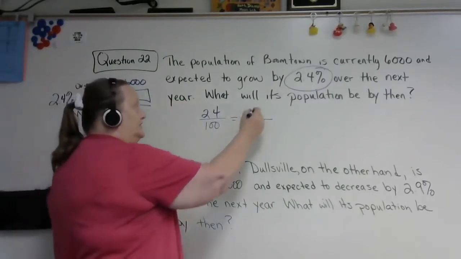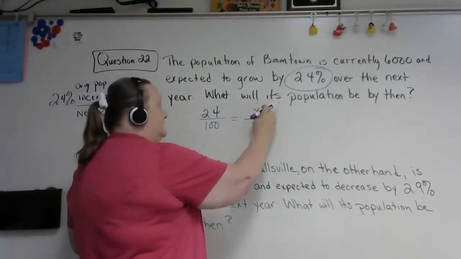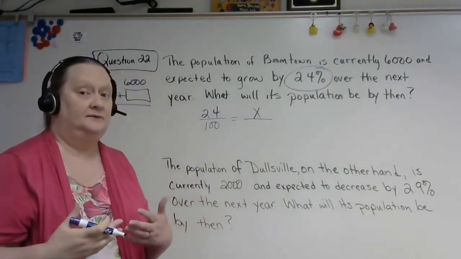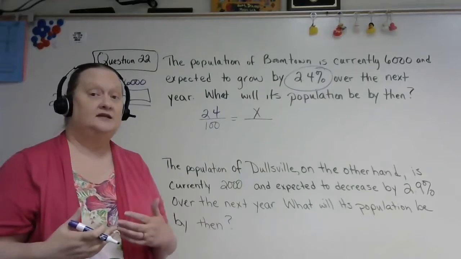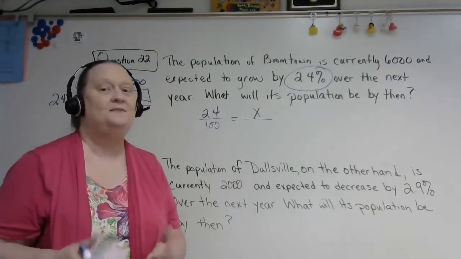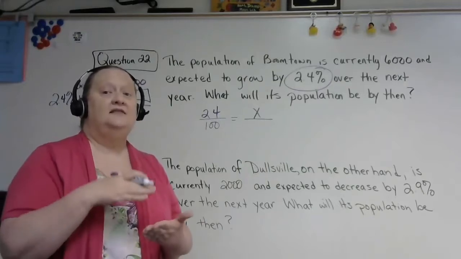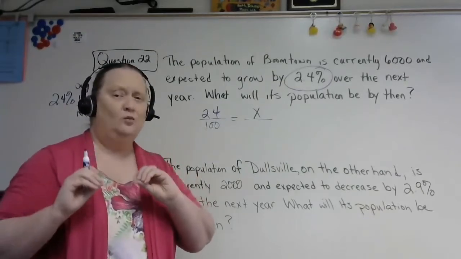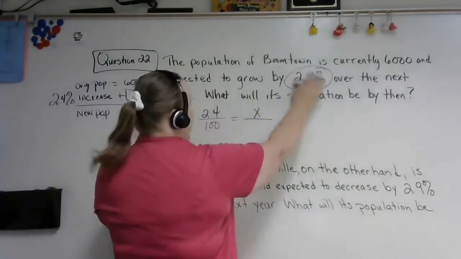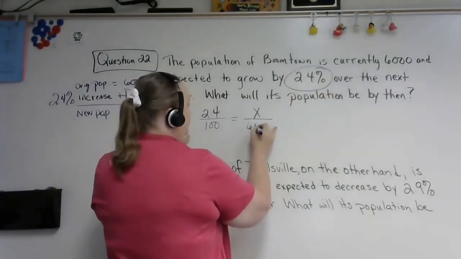I don't know how much it's going to increase. The total population wouldn't be the biggest number, because our new population would be that. This is the original population, which is the 6,000.